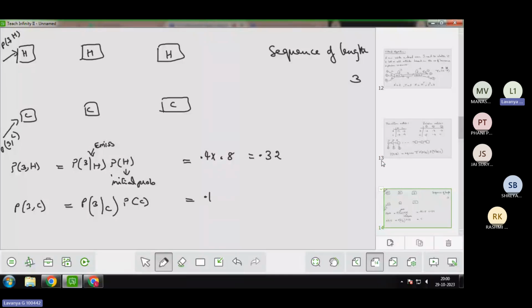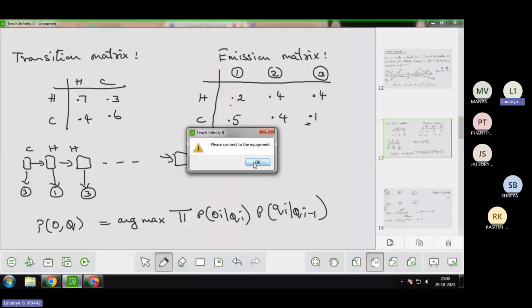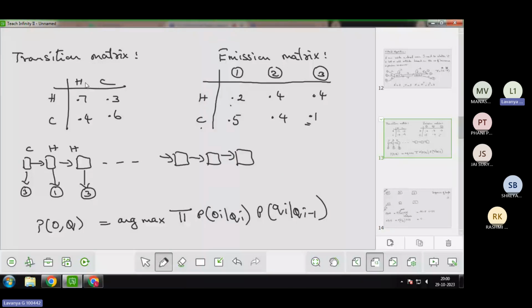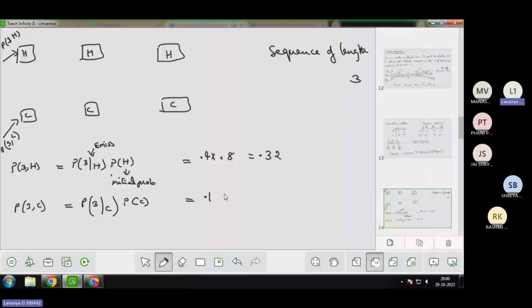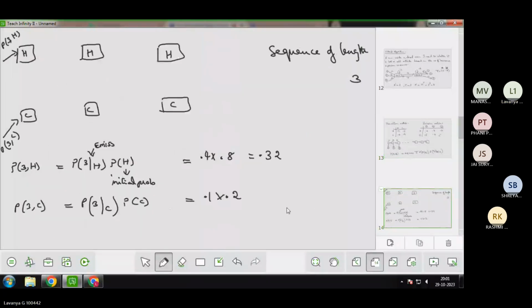So here 3 restricted to C is 0.1 and the other probability is 0.2, and you have to look for this value. So it is 0.1 into 0.2, which is 0.02.